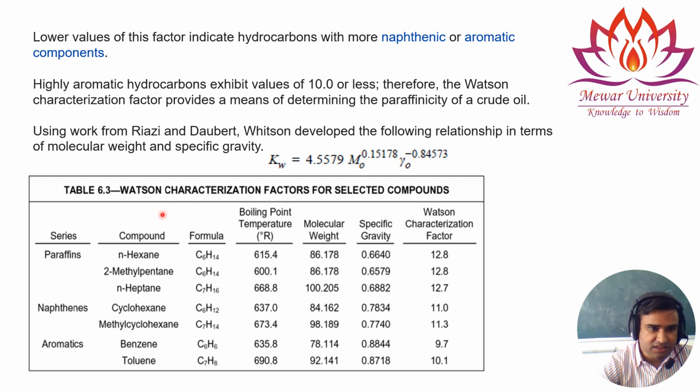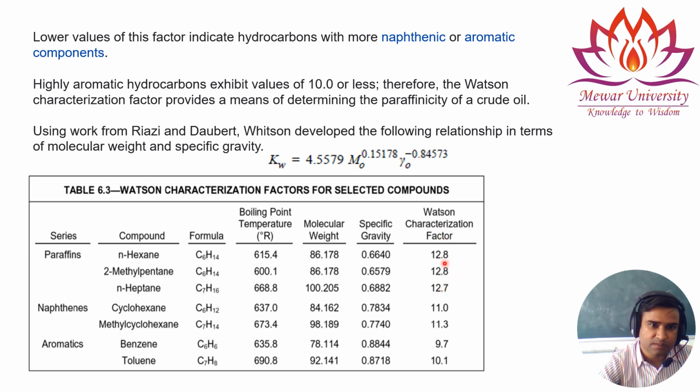In this table you can see the Watson characterization factor for selected compounds. We have the paraffin series, naphthene series, and aromatic. In the paraffin compounds we have hexane, methyl pentane, heptane, and this is their boiling point, this is molecular weight, this is specific gravity, and this is the Watson characterization factor.